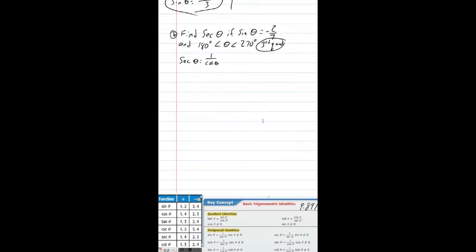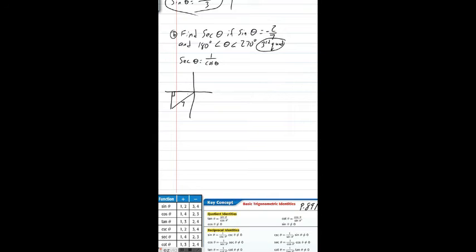Here's our right triangle again, and I keep going back to this. Sine, we said we were in the third quadrant, so we're down here. There's my radius. That's 7. Drop a perpendicular.